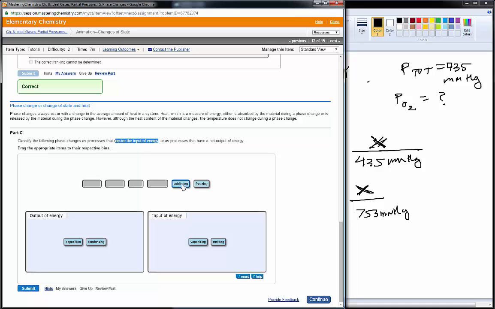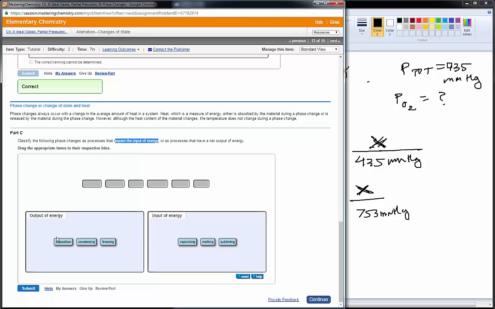Subliming is going directly from a solid to a gas. It's the opposite of deposition. Solids have less energy than gases, so in order to go straight to a gas, I have to absorb an enormous amount of energy. And freezing is going from a liquid to a solid. Liquids have more energy than solids, and so that energy is going to be released.